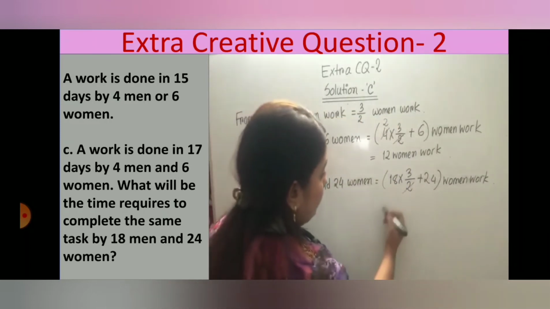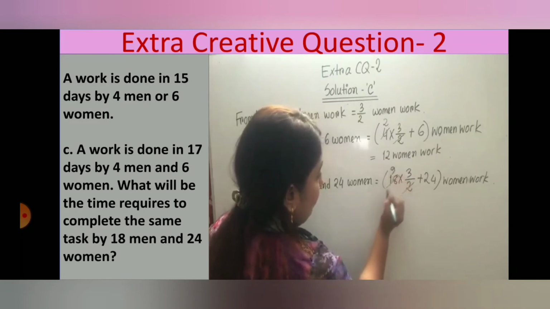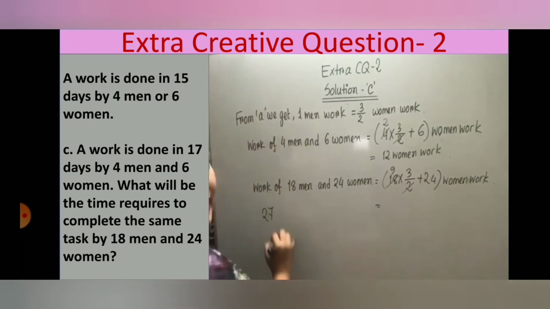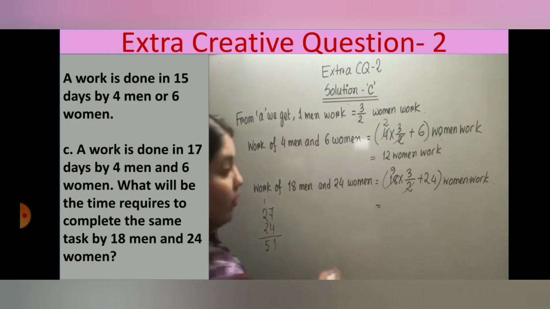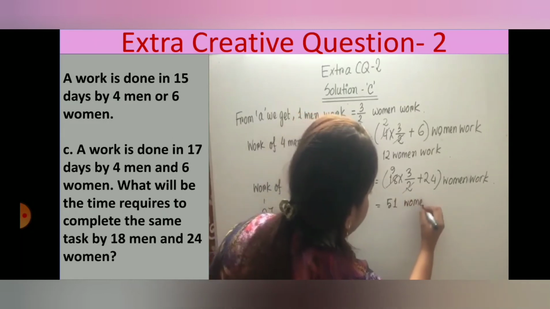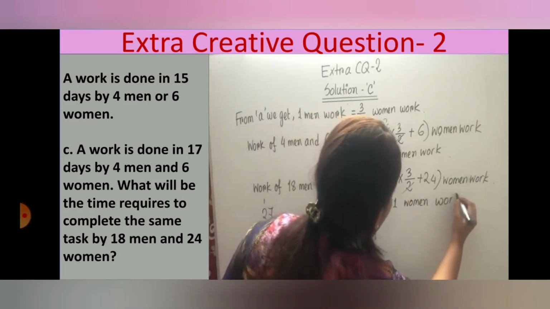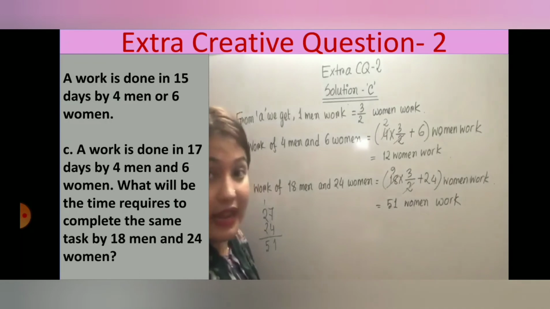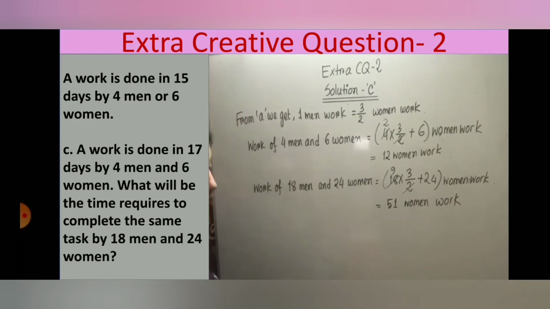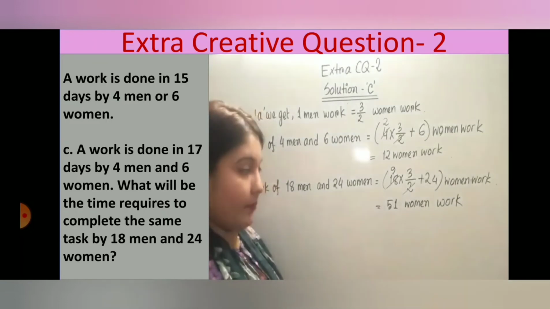So, if you calculate, it will be 18, 9 3s are 27, and 27 plus 24 is 51 women's work. So, the work that can be done by 18 men and 24 women, the same work can be done by 51 women.